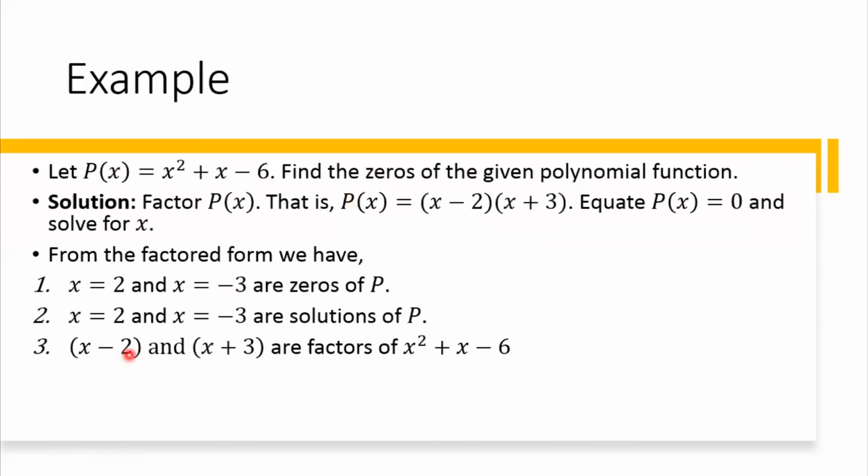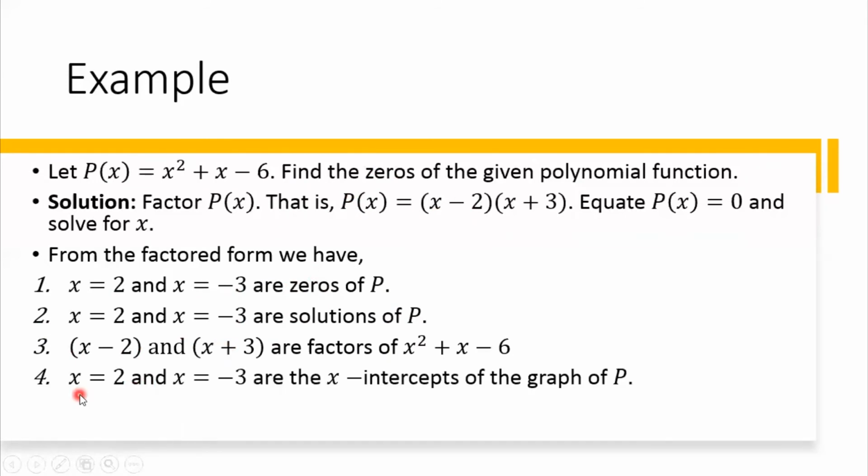Now, x minus 2 and x plus 3 are factors of x squared plus x minus 6. So we have two factors, x minus 2 and x plus 3. Number 4, x is equal to 2 and x is equal to negative 3 are the x-intercepts of the graph of p. Written as ordered pairs, we have 2, 0 and negative 3, 0. These are the x-intercepts of the graph of p.